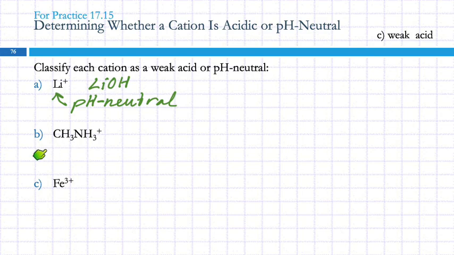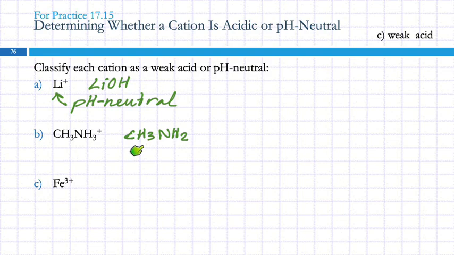How about this one? You see the N in there? So this is like ammonia. You can treat it like ammonia. It's just got a little something different hanging here instead of a hydrogen ion. So if I take a hydrogen ion off of that, CH3NH2, this is going to be the base.